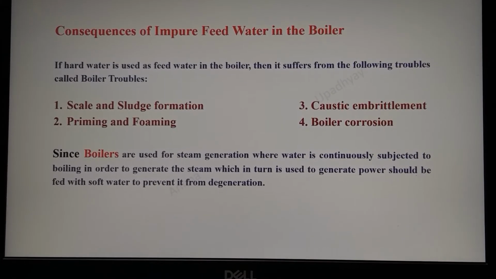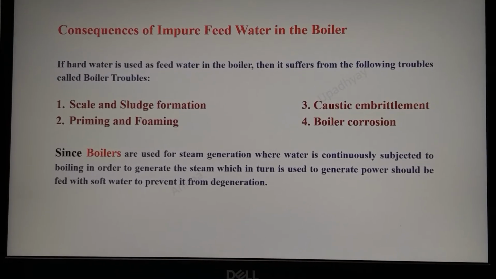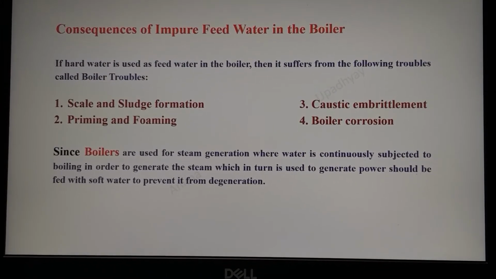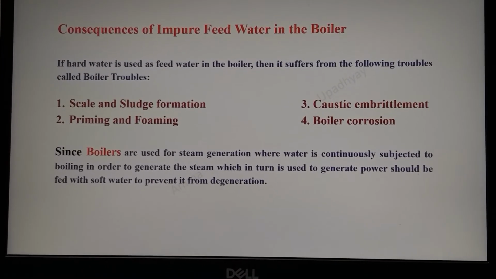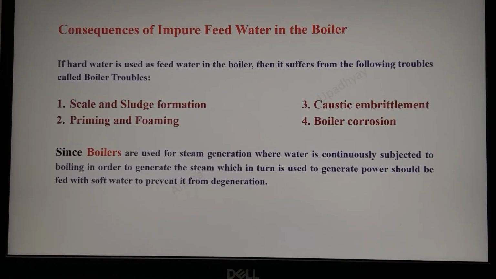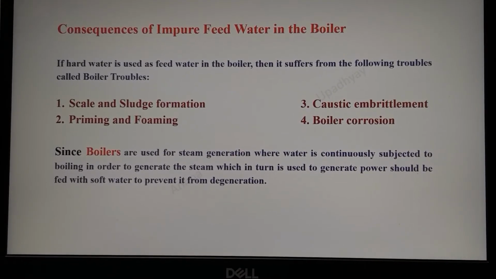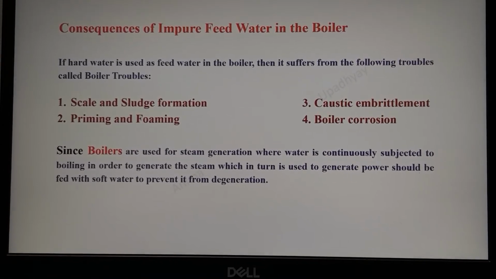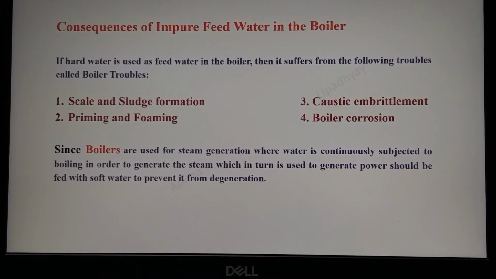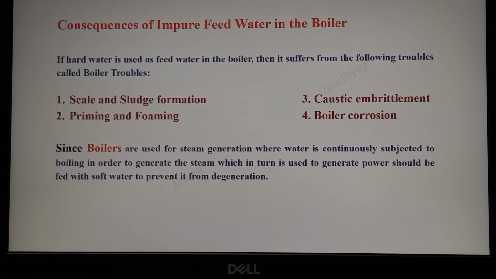So if hard water is added as feed water to the boiler, it may cause various kinds of boiler troubles. These boiler troubles are scale and sludge formation, priming and foaming, caustic embrittlement, and boiler corrosion.